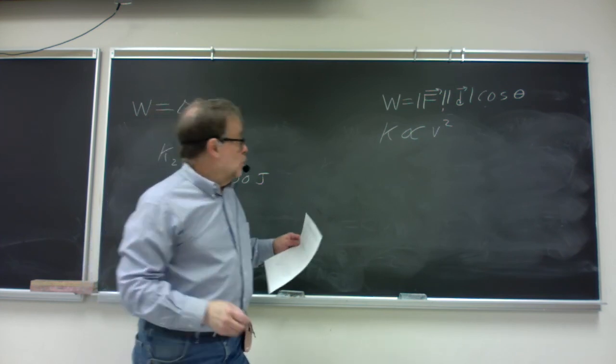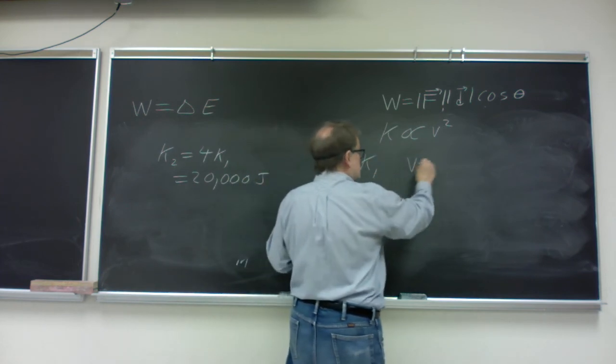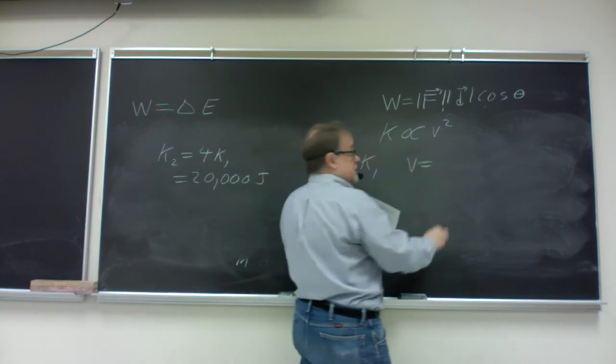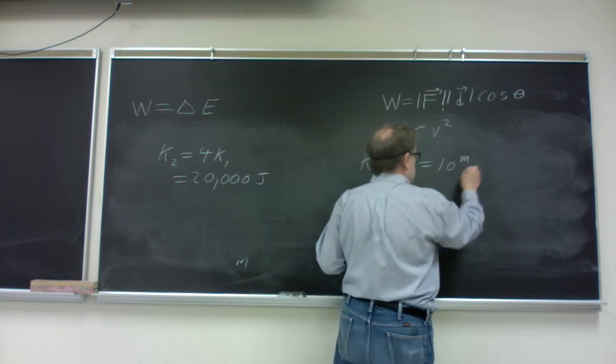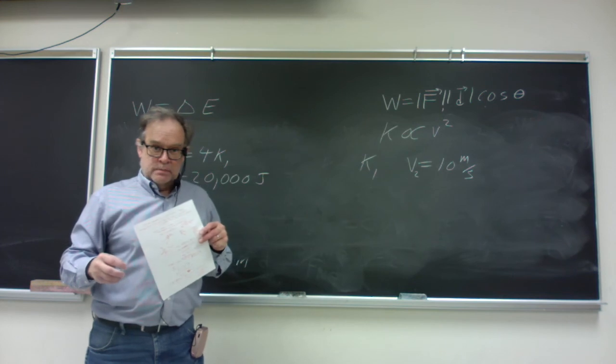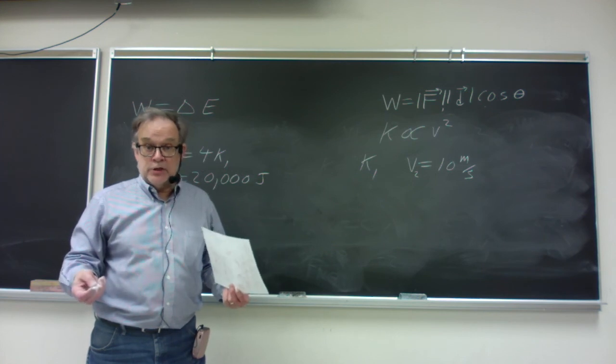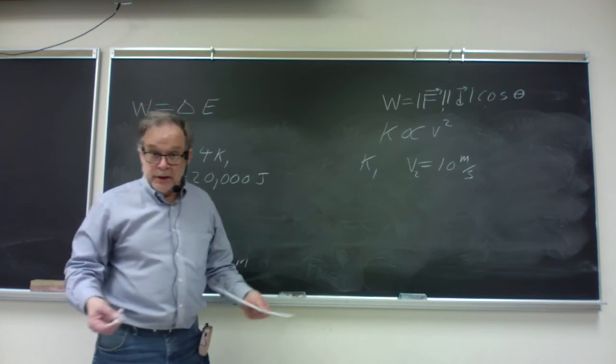So let's say that at one value of kinetic energy, the velocity is 10 meters per second. And then the question is, how much do you have to speed up to get twice as much kinetic energy? How much do you have to speed up to double the kinetic energy?